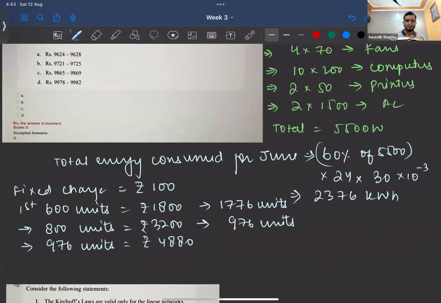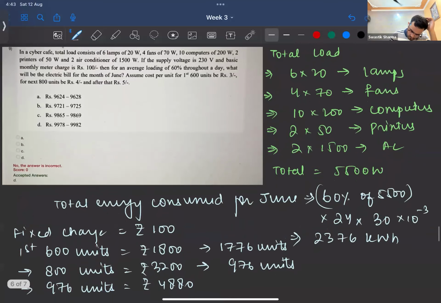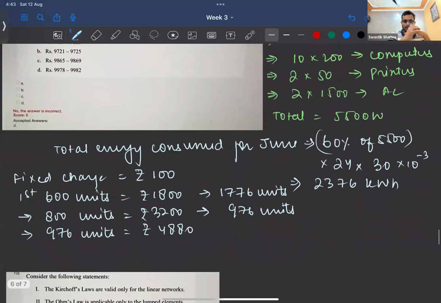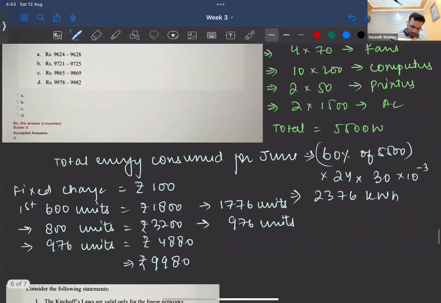So can you sum it up? For me, it's coming out to be 9980 rupees, which falls in D.